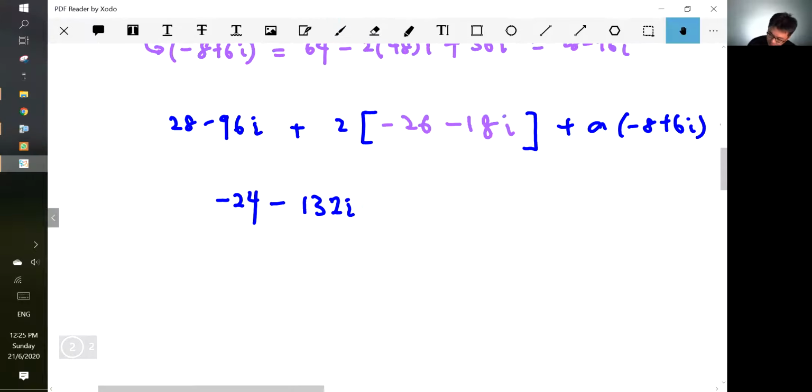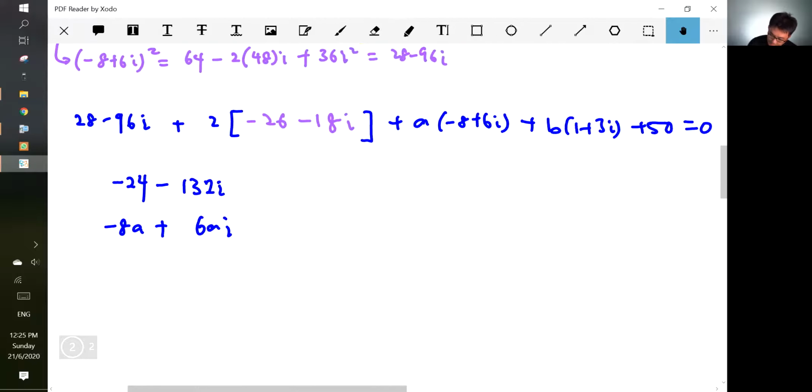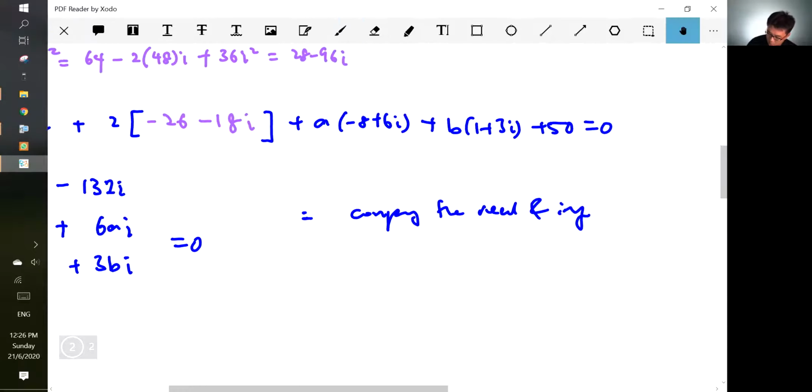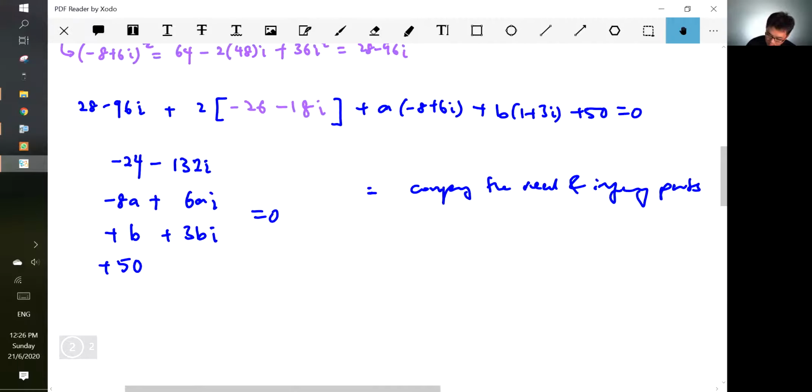Then you have minus 8, and b. Compare the real and imaginary parts.